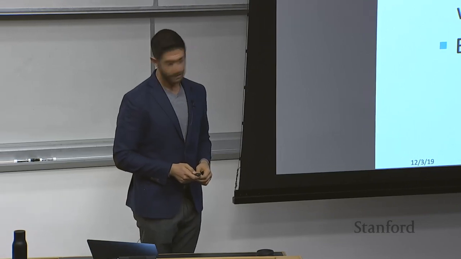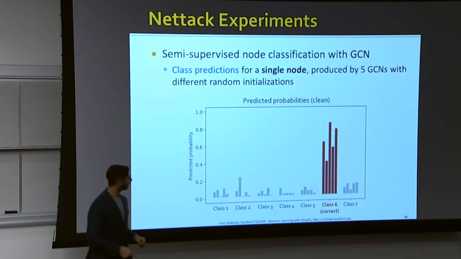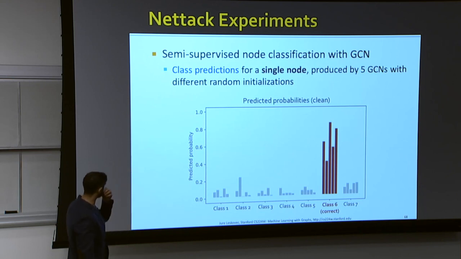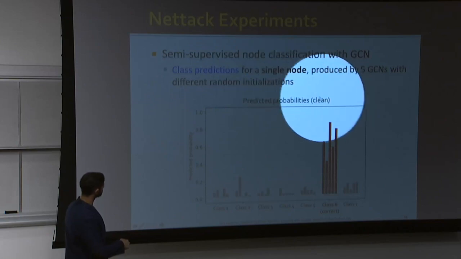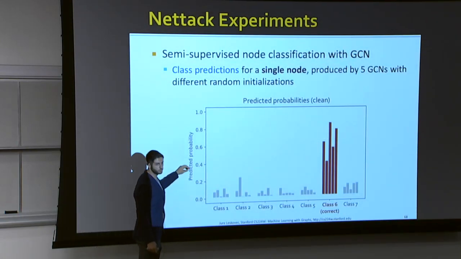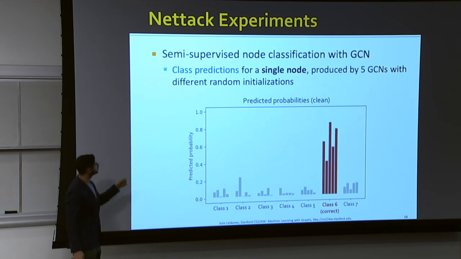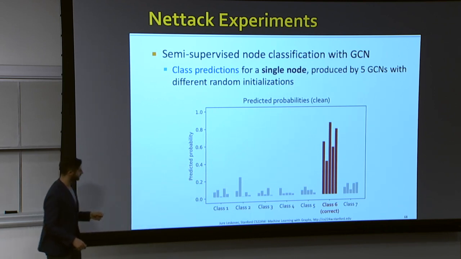Okay, so let's go through just a few examples so that I convince you how this is working. Back in our semi-supervised node classification setting, in this plot you can see the class predictions for a single node, produced on 5 different GCNs with slightly different random initializations.